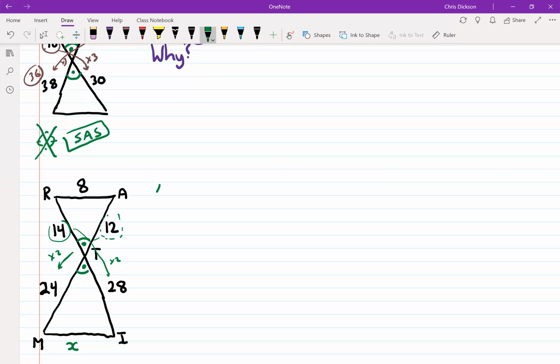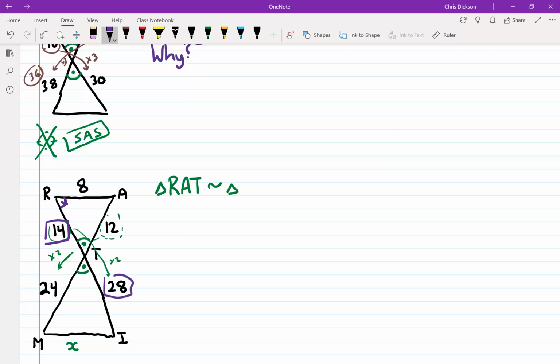So I would say triangle RAT is similar to triangle TIM, but I might not be able to say it that way. I don't know if I can actually say those because angle R, this angle here, would have to actually be related to one of the bottom angles in that triangle TIM. So notice that the 14 and the 28 go together.